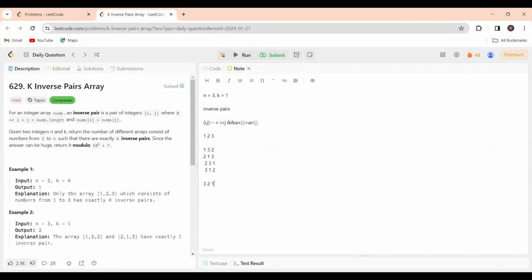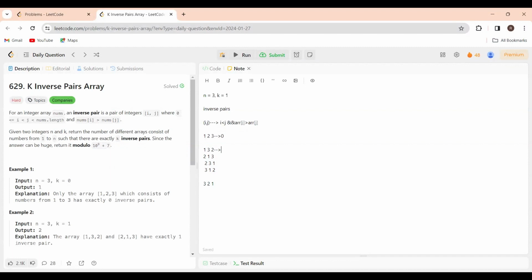Let us quickly check how many inverse pairs there are in each form of array. In the first one, if you consider any two integers, there doesn't exist any pair, so it is 0. In the next example, if you consider 3 and 2, there exists an inverse pair. 3's index is lesser than 2's index, and 3's value is greater than 2's value, so this is an inverse pair.